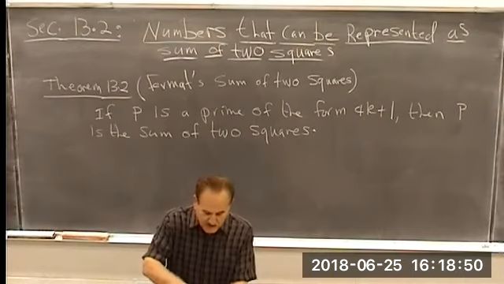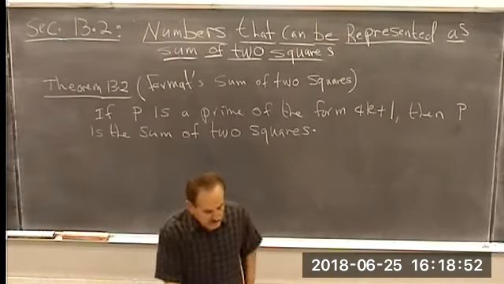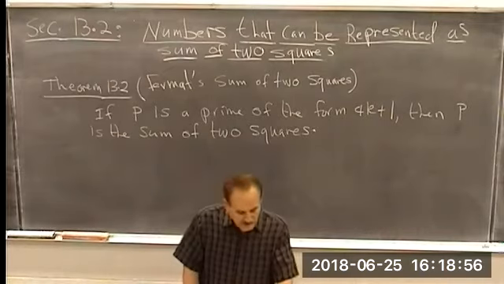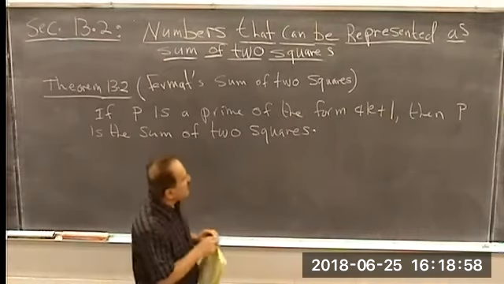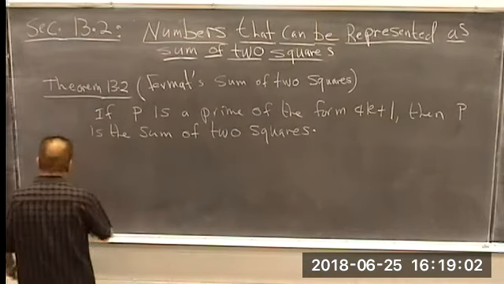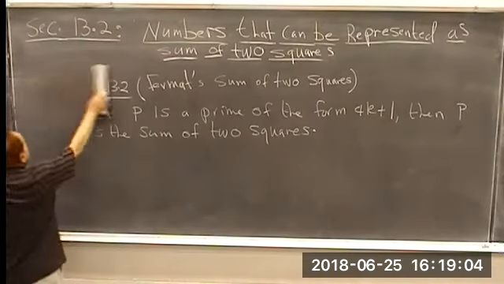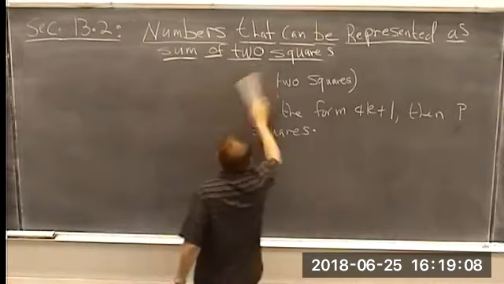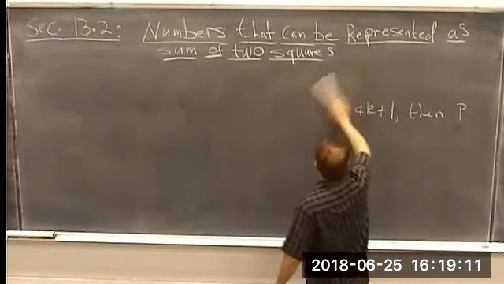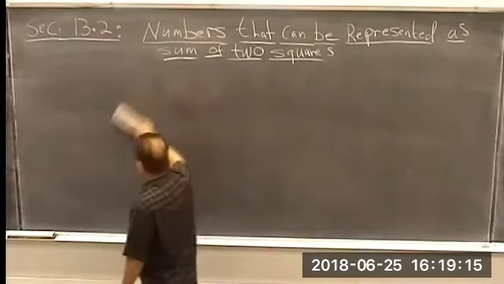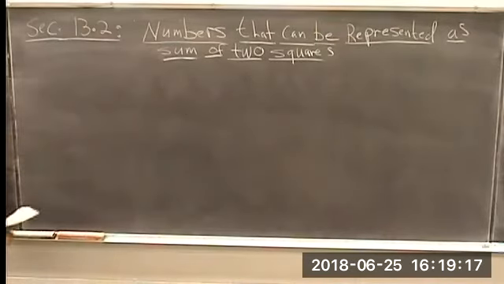In order to present the proof of that theorem, we're going to present a lemma that is needed. This is our next objective, to prove Fermat's theorem on sums of squares of primes.